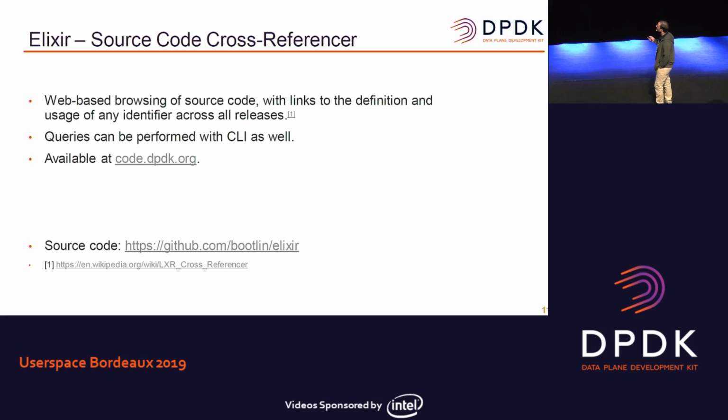To be able to perform queries with the command line, you need to follow the instructions in the README of the project page, so that you build a database that you use. After you build the database, you can perform the queries.